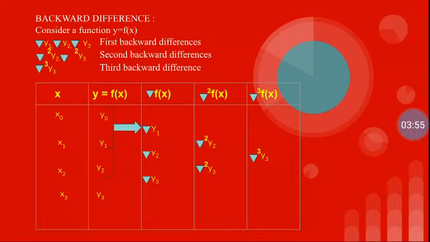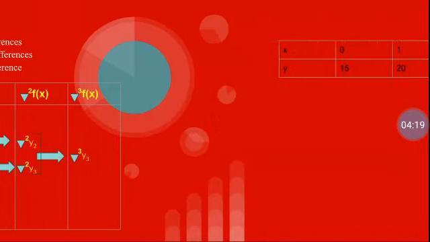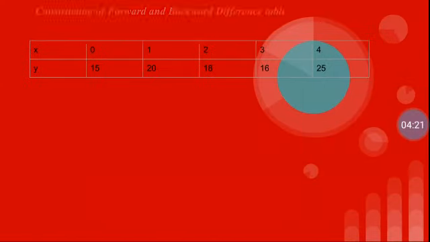Similarly, y2 minus y1 will give you backward delta y2 and backward delta y3. These are called the first backward differences. Similarly, taking the differences of the remaining will give you the second backward differences, and finally we get the third backward difference. Let us solve a problem based on this.